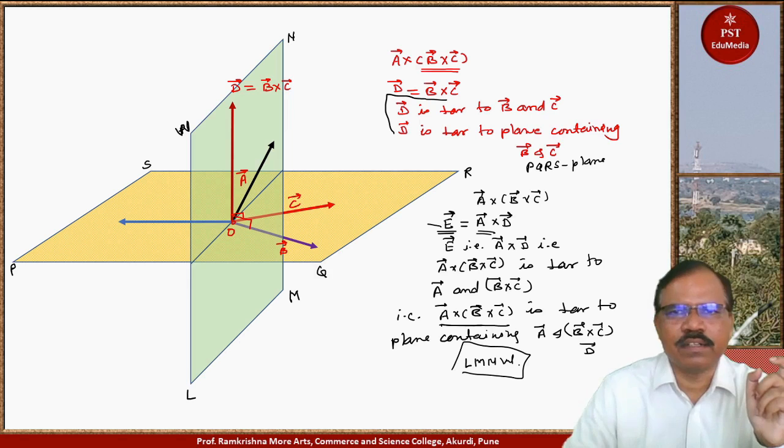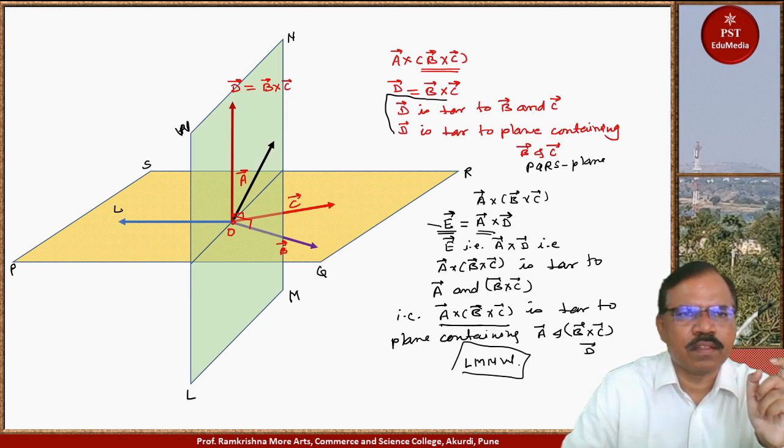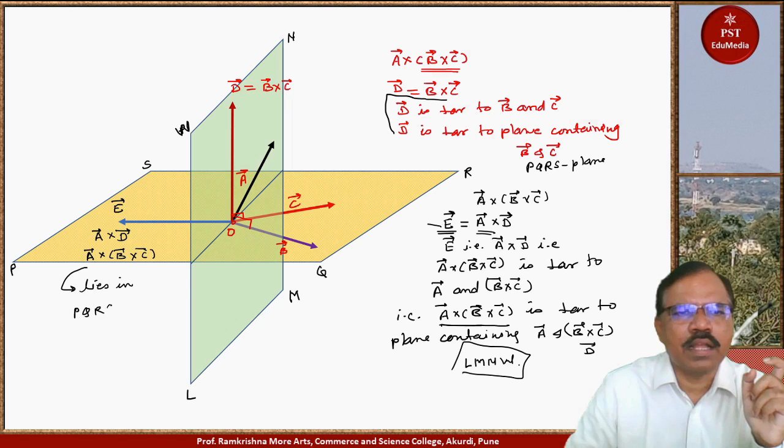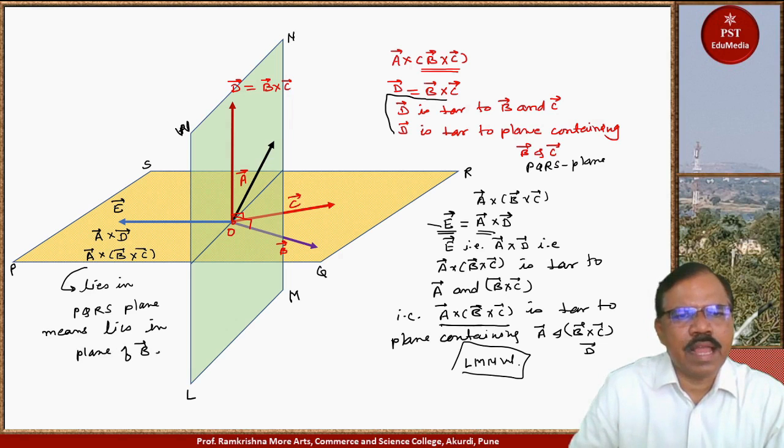Whatever vector this E, or it is A cross D, or it is A cross B cross C, lies in PQRS plane. Means lies in plane of B and C.